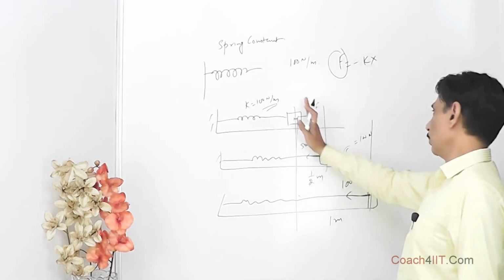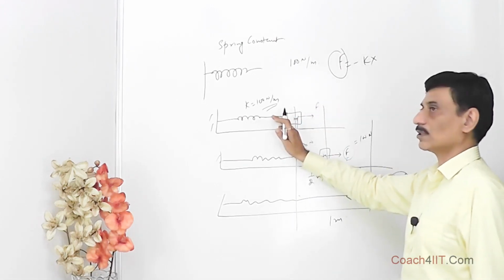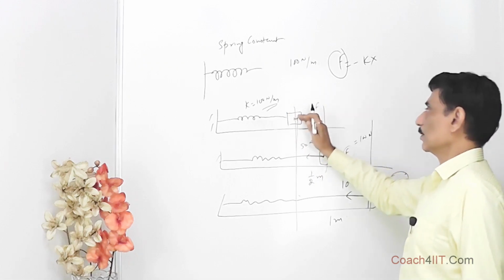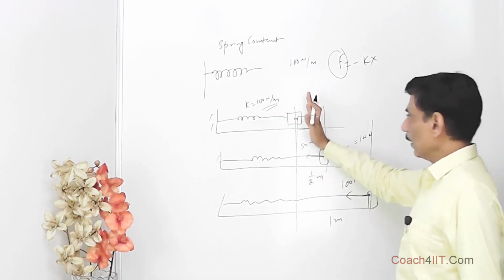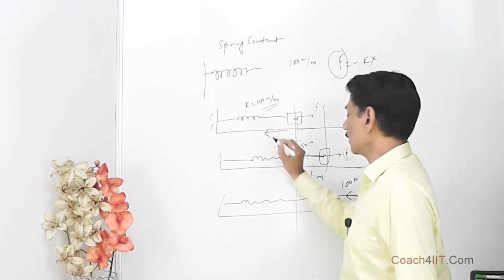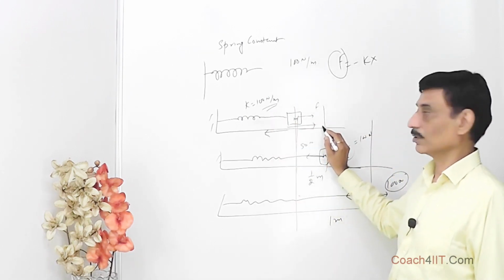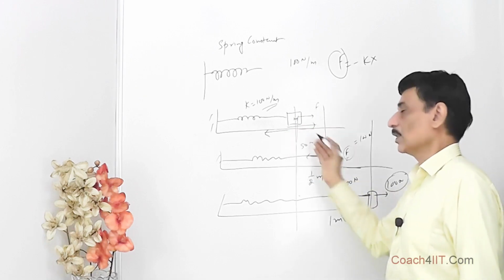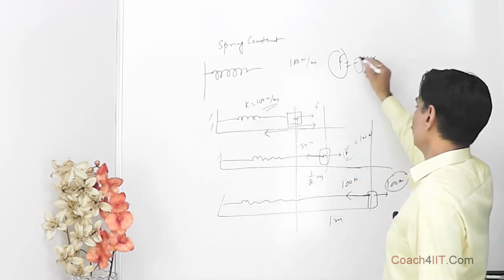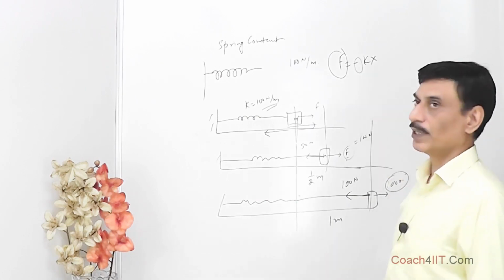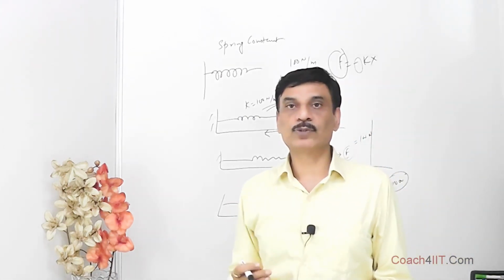If we are applying a force in this direction, the restoring force is in the opposite direction. If we are compressing it, the restoring force pushes it the other way. So restoring force and deformation are in opposite directions, that is the only meaning of the minus. Otherwise F is equal to Kx gives you the magnitude of force.